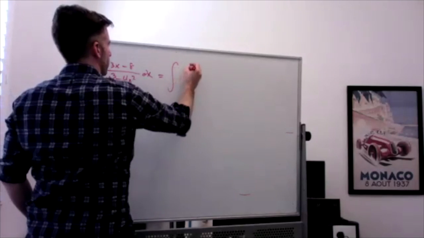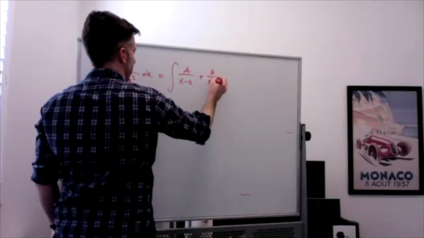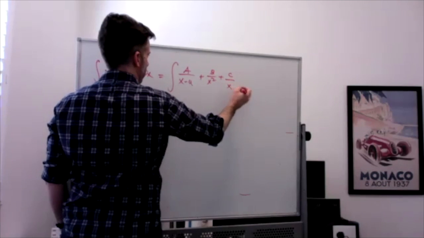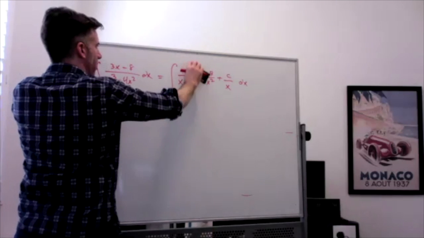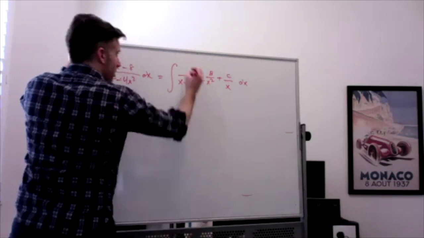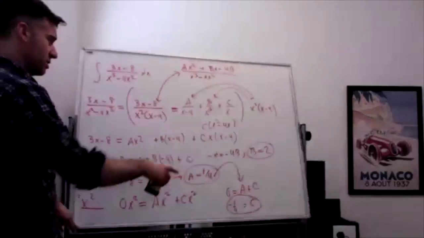A over x minus 4 plus b over x squared plus c over x. We just figured out that a was 1/4. B was 2, and c was negative 1/4.